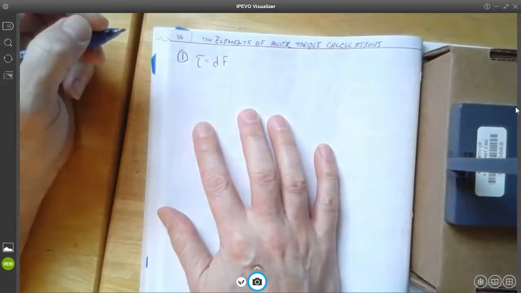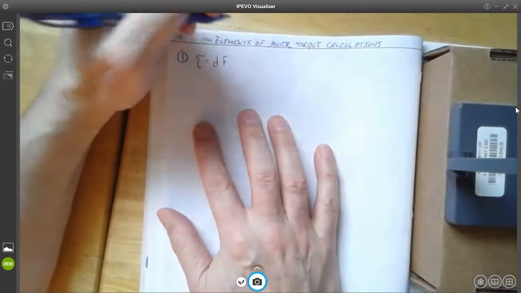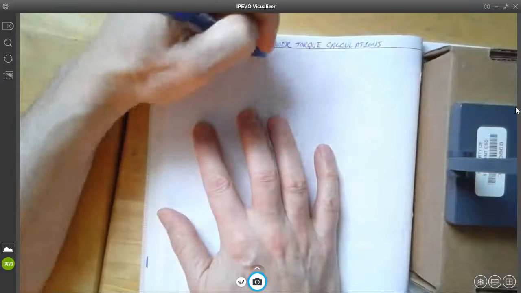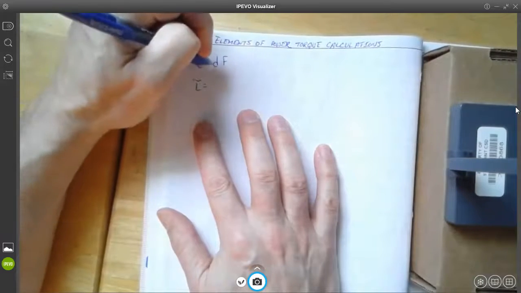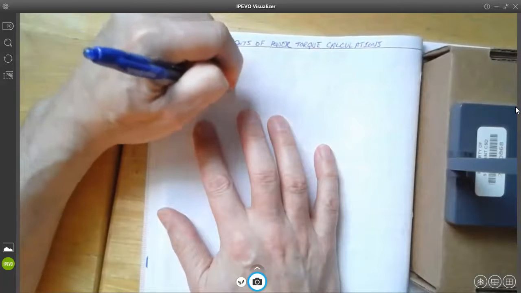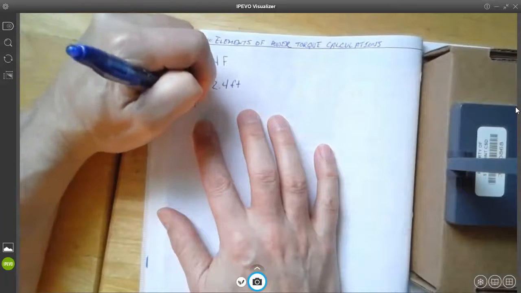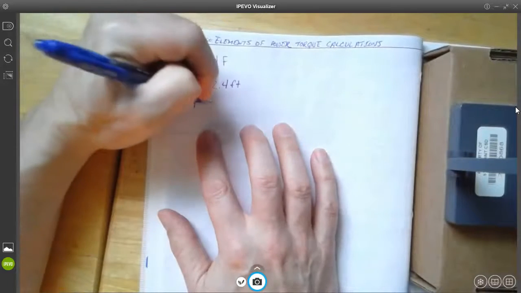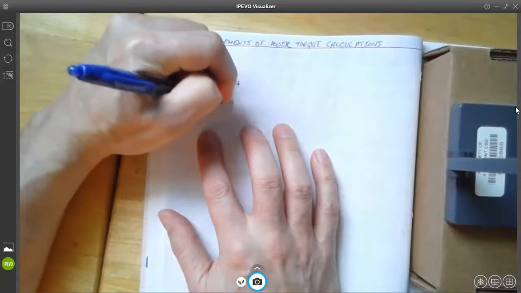From our problem, the distance is 2.4 feet, and the force is the weight, which is 116 pounds.